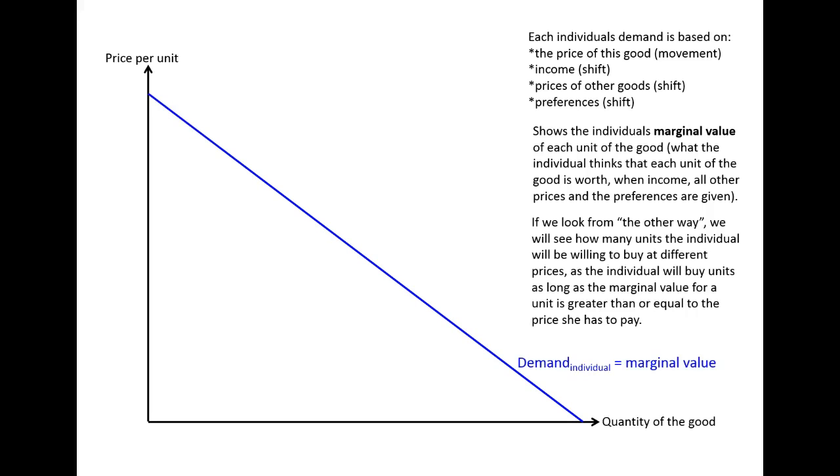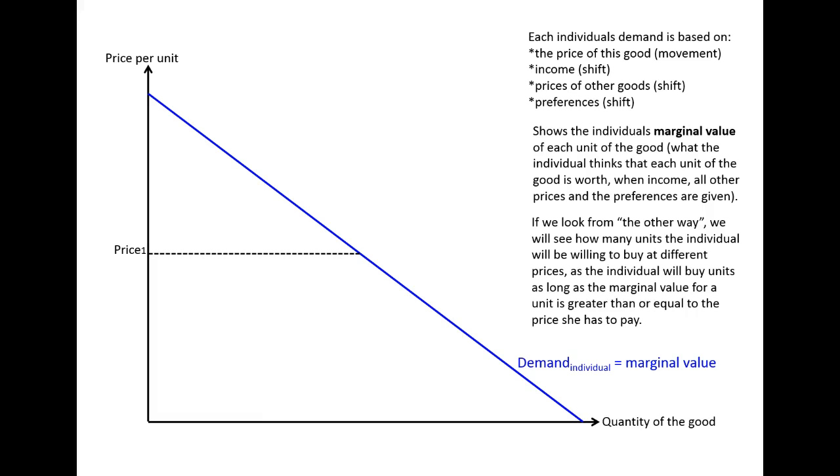That will give us a negatively sloping demand function, since the marginal utility is diminishing. So for each additional unit we will have a slightly smaller utility increase, and therefore we will be in a position where we're not willing to pay as much as we did for the unit prior to this one.